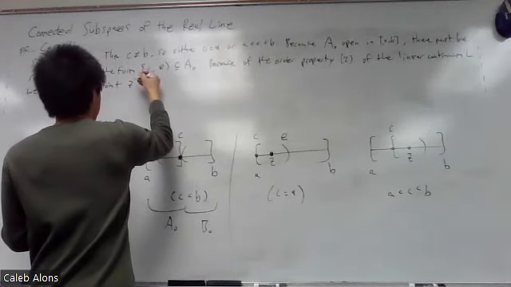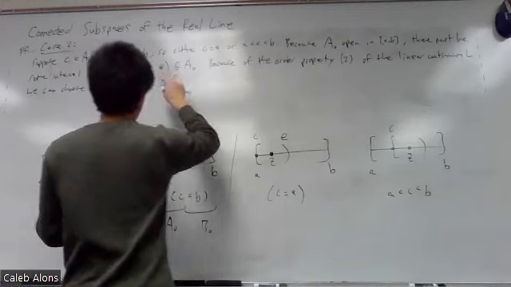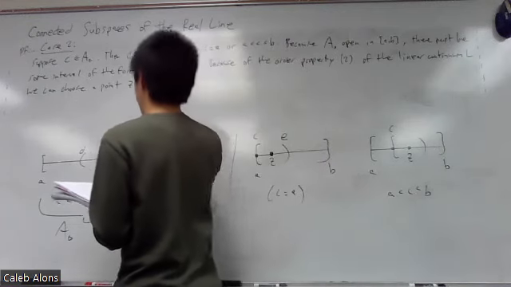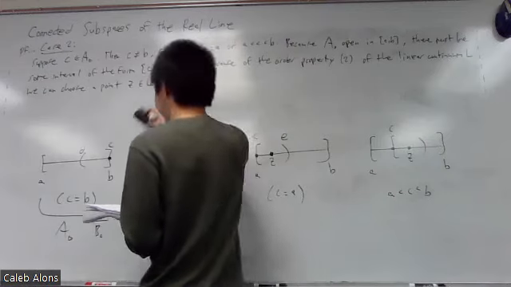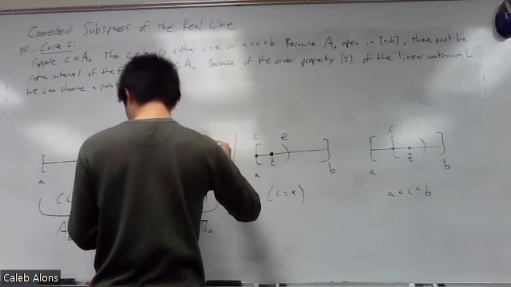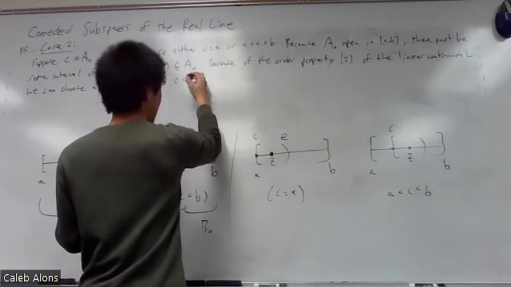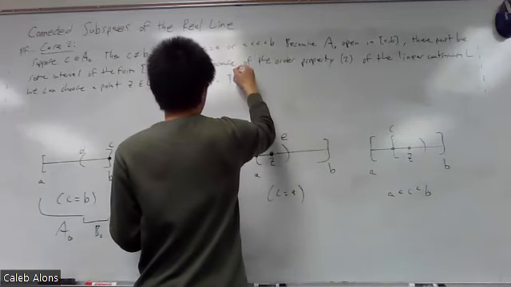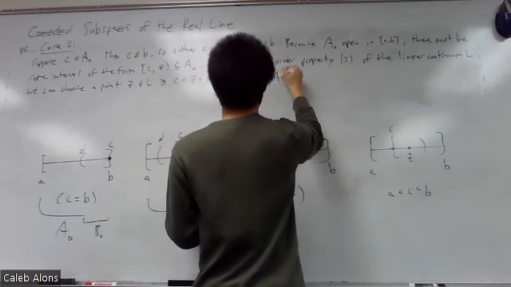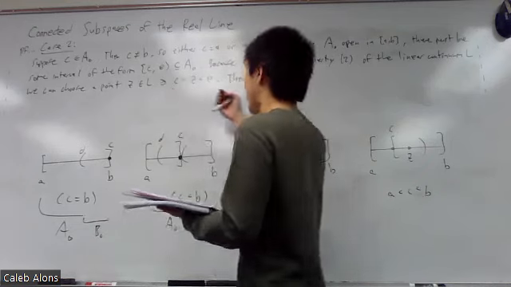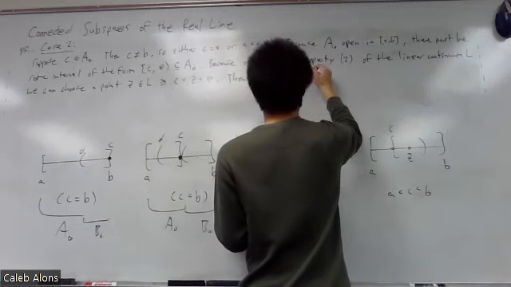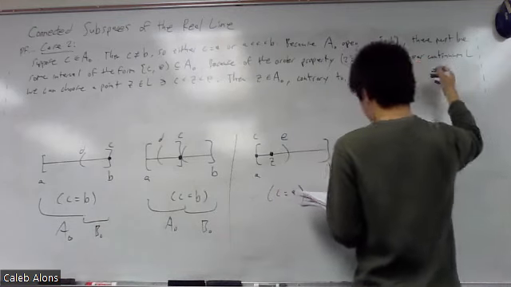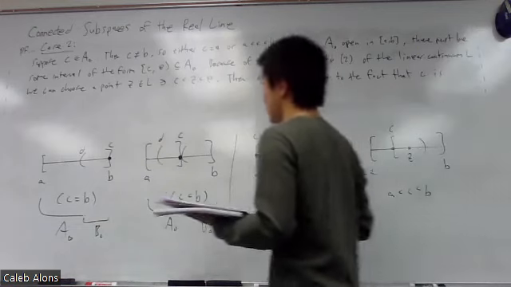At point Z, that's in L, such that C is less than this guaranteed point between C and E. And then that means Z has to be in here, which is contrary to the fact that C is supposed to be the upper bound.